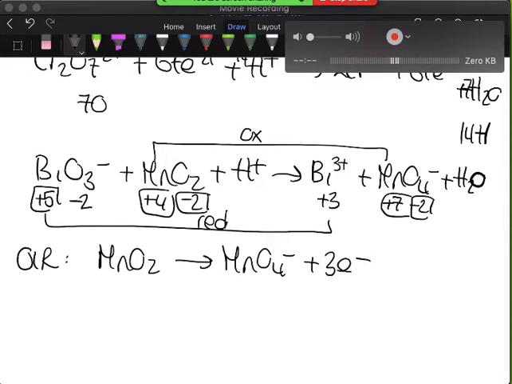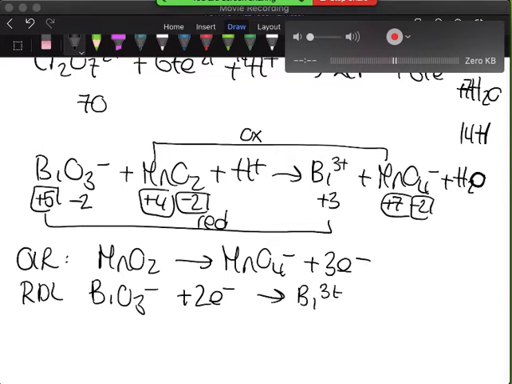For the bismuth, it is going from BiO3 minus. From +5 to +3, it's a 2 electron change. It goes to Bi3 plus. So to make the electrons the same, I'd have to multiply this line by 2 and this line by 3. So 2, 2 turns this into 6, 3, 6, 3.